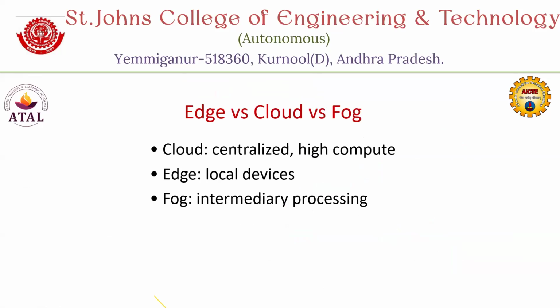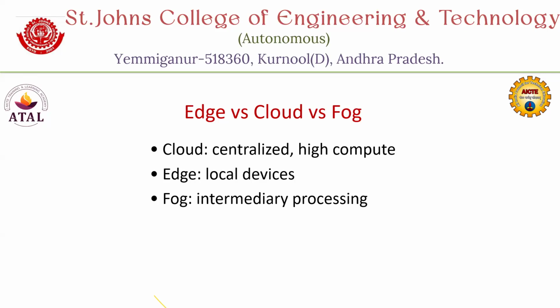Next comes, do we need the edge, the cloud, or the fog? Depending upon your requirements and the devices, we have three options. The edge is local and does real-time processing. The cloud is centralized with high computation, but it is slower.